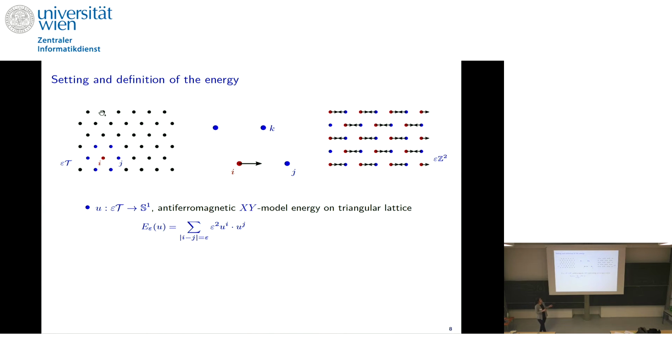If I try to do the same thing, I start with a vector in i, I put the antipodal vector in j. That's of course fine, but then the vector in k really doesn't know what to do. It is unhappy, because it cannot be antipodal to both the vectors in i and j. So this is what is called a geometric frustration: a situation where you cannot minimize all pairwise interactions simultaneously due to the structure of the underlying lattice.